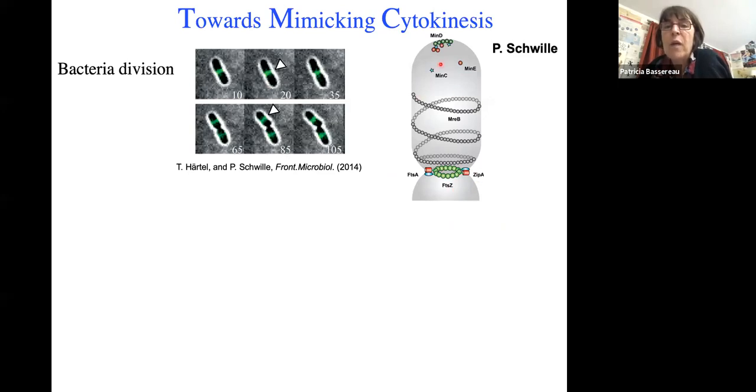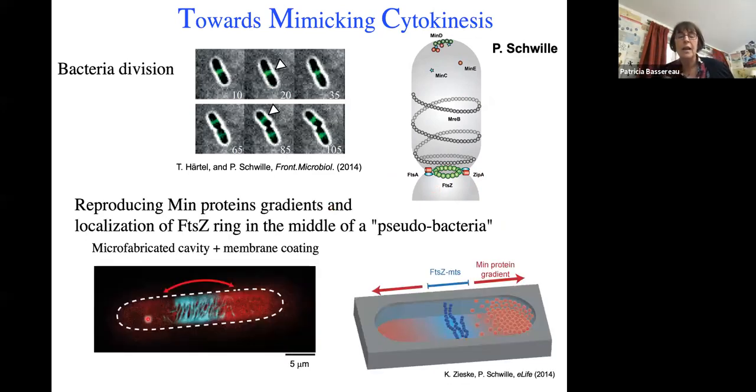Some of them are called Min, and they are responsible for the localization of this filament, in this case called FtsZ, in the middle, at least at the right place where the cells should divide. So she has been able to reproduce the localization of the filament in the middle of a structure which mimics a bacteria.